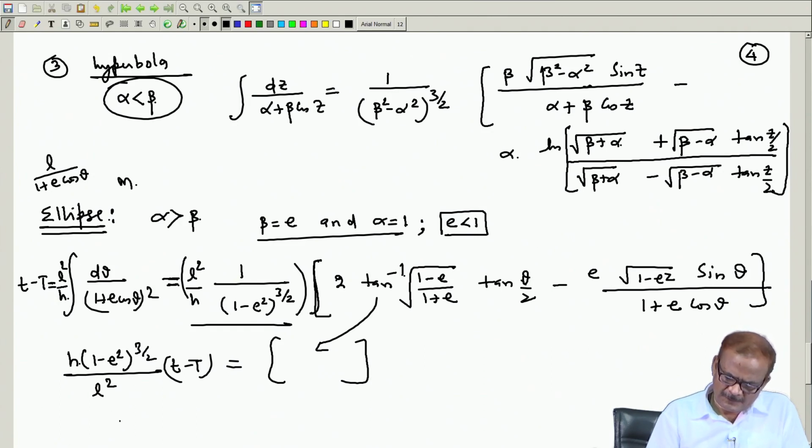And this part is simple, h equal to mu times L under root, (1 minus E square) to the power 3 by 2 divided by L square, t minus t naught. This is LHS.